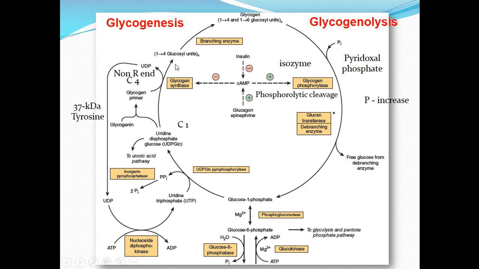The addition of glucose residues to the pre-existing glycogen chain or primer occurs at the non-reducing end, that is the outer end of the molecule, so that the branches of the glycogen molecule become elongated as successive alpha 1,4 linkages are formed.